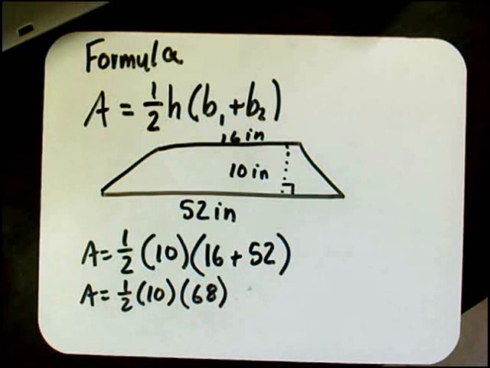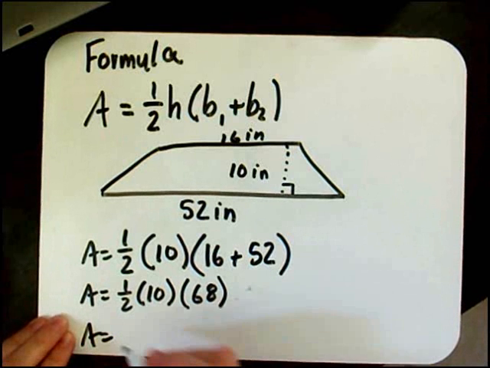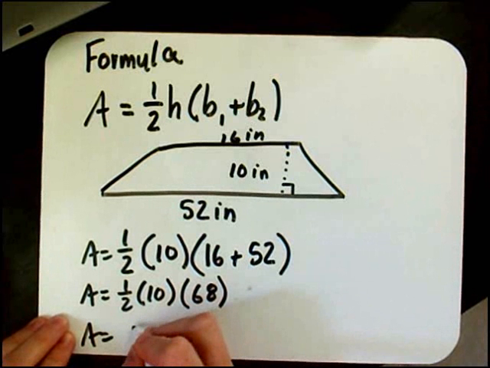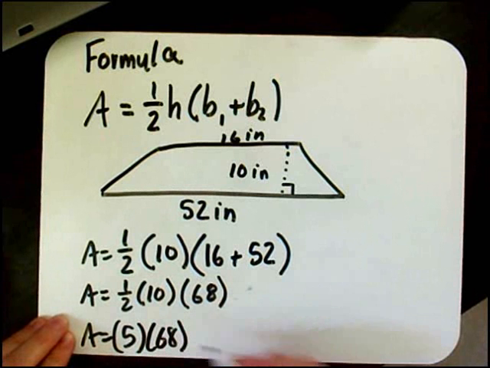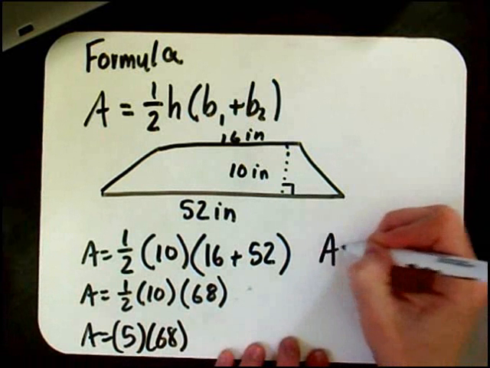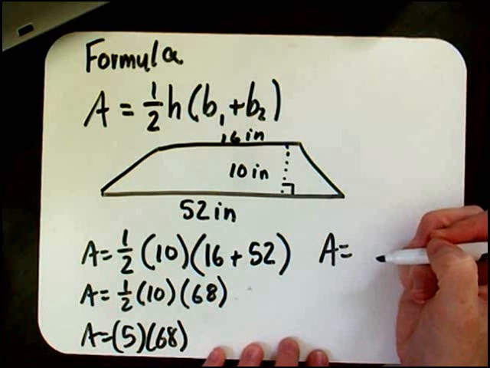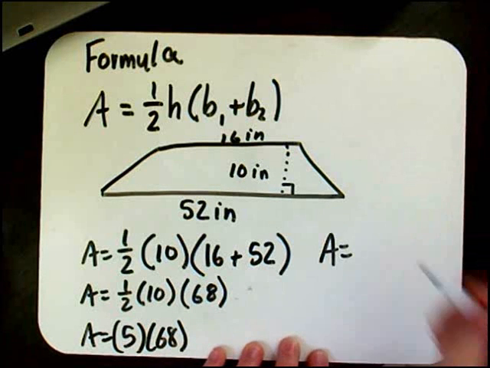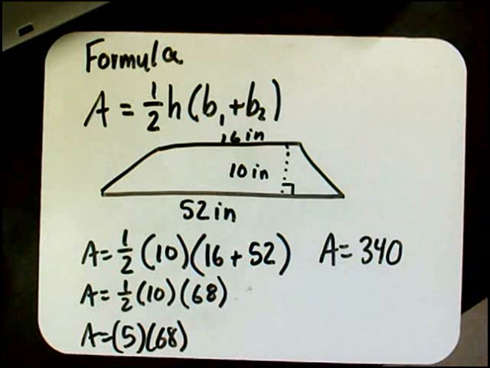So let's do the 1/2 times 10 first. That's 5. Now we have 5 times 68, and 5 times 68 is 340. So the area of this trapezoid is 340 square inches.